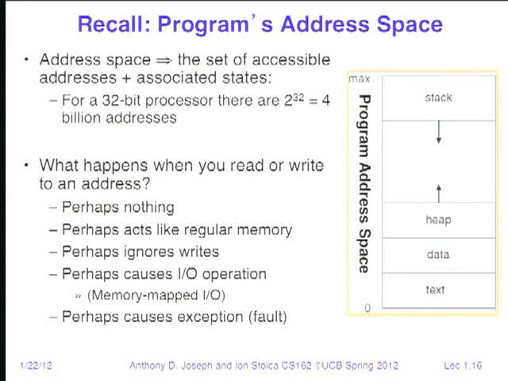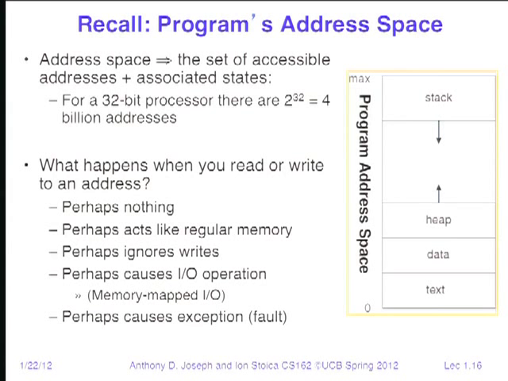It could act like regular memory if we write to the heap or to data. Maybe if we try to write to a text location, it's read-only, so it's not going to allow us to do that write. Some regions may be mapped into I/O devices, so maybe writing to that location causes a pixel to change color on my screen, because it's mapped into my graphics buffer. Or it may cause an exception. If we try to write off the end of the stack and it's not mapped, that might cause some kind of fault to occur.